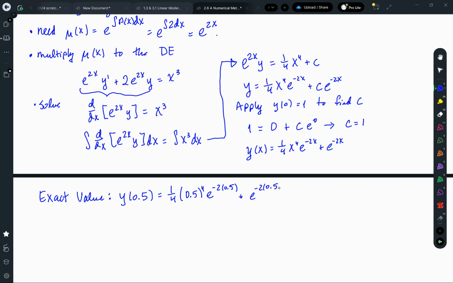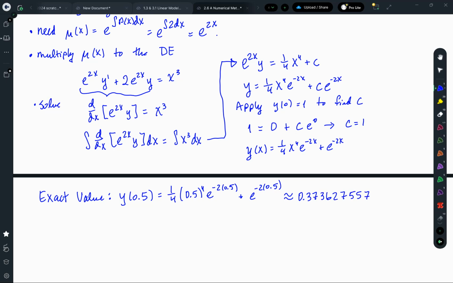Okay, and when I plug that into my calculator, it's an approximation that I get, but it's the closest approximation to this exact value. And so what I get is 0.373627557.